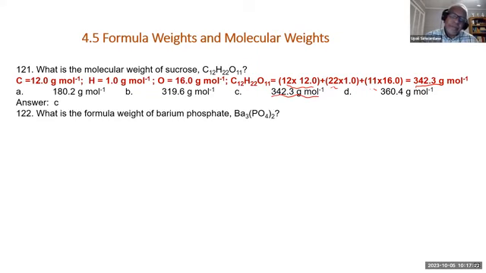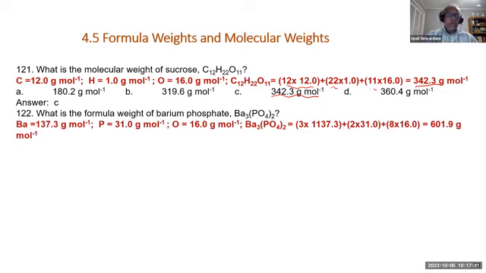Barium phosphate. This is formula weight or molar mass. You look up in the periodic table. You get the molar masses of barium, phosphorus, oxygen. Barium is 137.